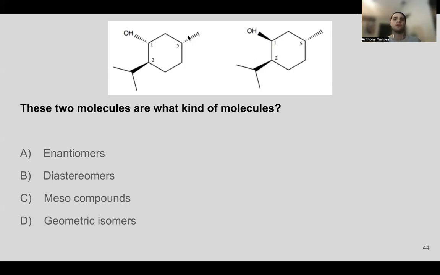So when looking at this, I know that these molecules have to be diastereomers because at each chiral center, they're going to differ. Diastereomers are non-superimposable, non-mirror images, and this is what you get when you have different chiral centers in the molecule. So B, therefore, is our answer.